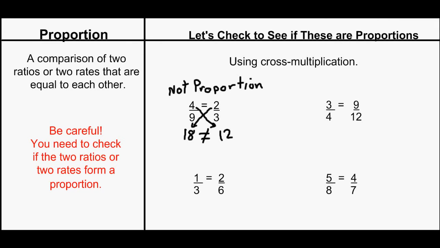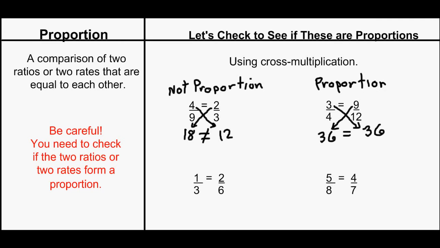Let's try another one. 3 times 12 is 36. 9 times 4 is 36. 36 equals 36. If the cross product is equal, then the two fractions are equal, and therefore they are a proportion.